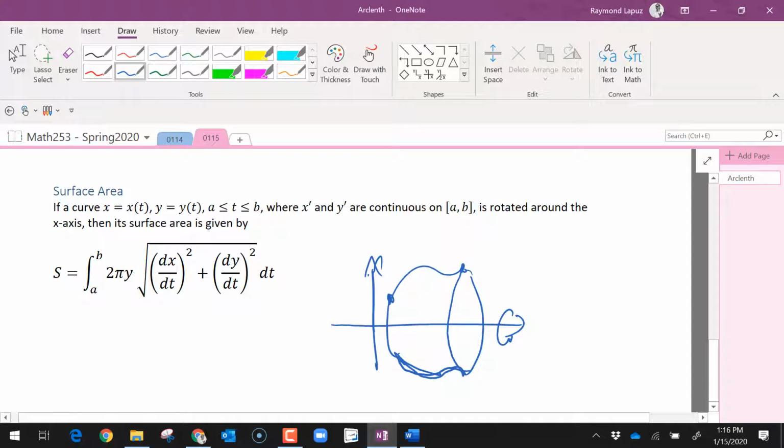In Calc 2, you did volumes of revolution, but we're looking specifically at a surface. Just like the cuts that we did with the arc length, we could take those same cuts, but each of these cuts would have a specific length and they would get revolved around this axis.